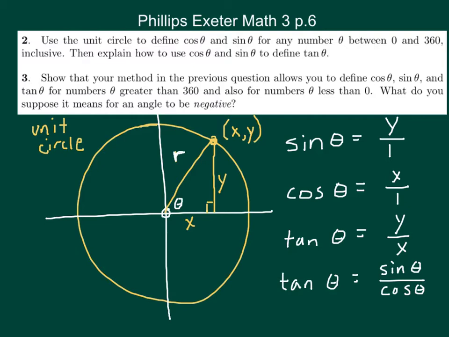How is that going to change sine and cosine? It'd be y over r and x over r. Is that going to change tangent at all? It'd be r sine theta over r cosine. But the r's cancel. It's still sine over cosine, right? It's always sine over cosine, regardless of a unit circle or not. So those always work, okay?